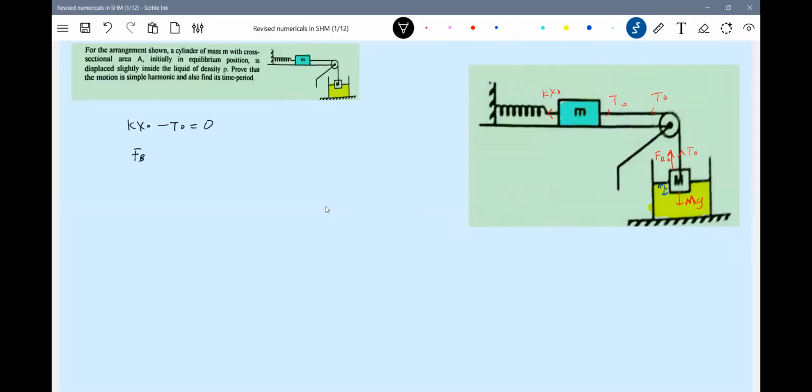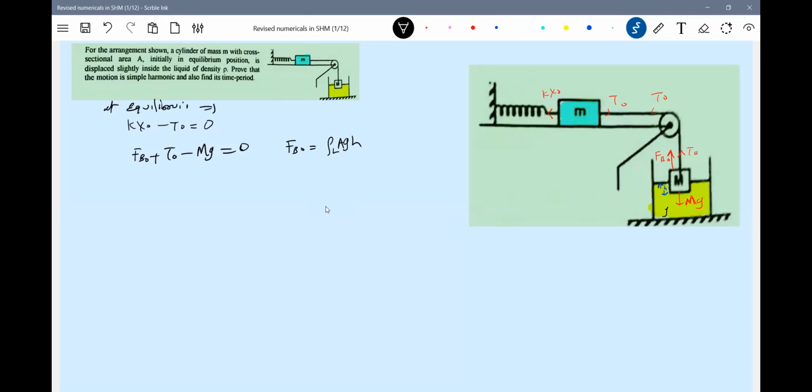Then FB naught plus T naught minus mg equals 0. What is FB naught? It is equal to the density of liquid, rho L, times A g times h. Now the block is at equilibrium.